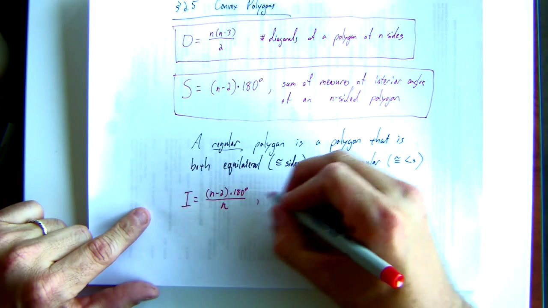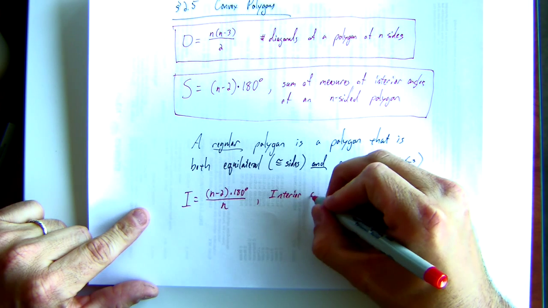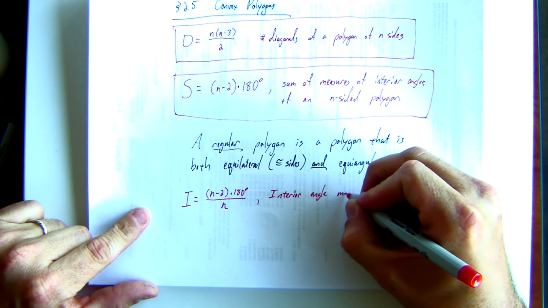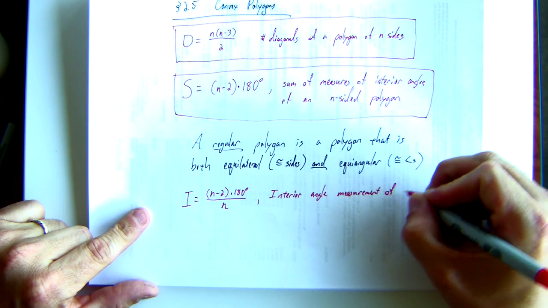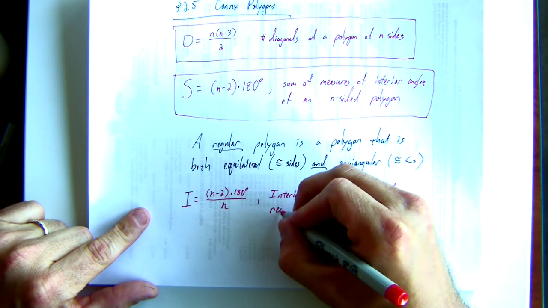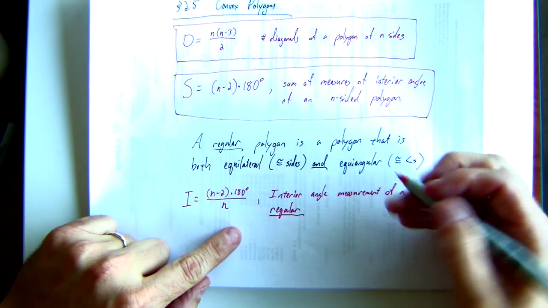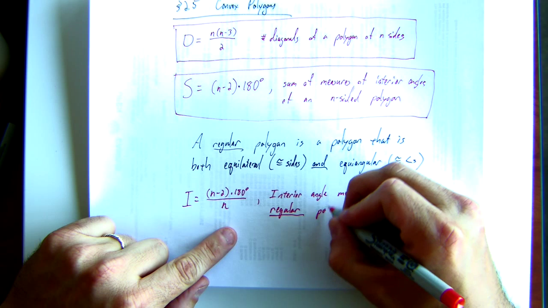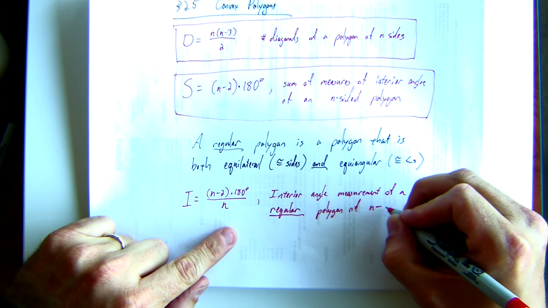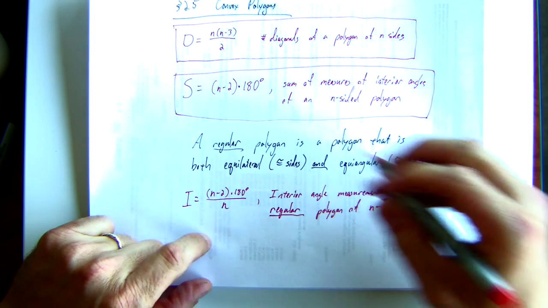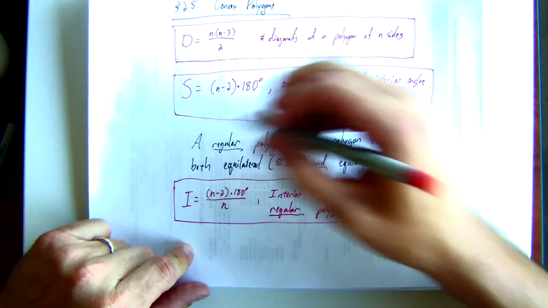This is the interior angle measurement of a regular polygon, and that's important, it's only for a regular polygon of n sides. So there's one more formula that you might need for your homework.